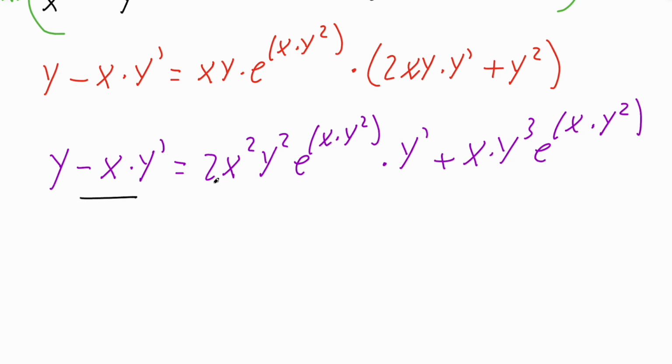And so all the y primes we're going to put on one side, and the non-y primes we'll put on the other side. So what I could do is subtract this piece, move it over here, add this piece, move it over there.